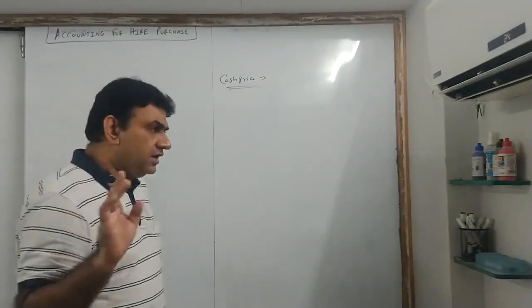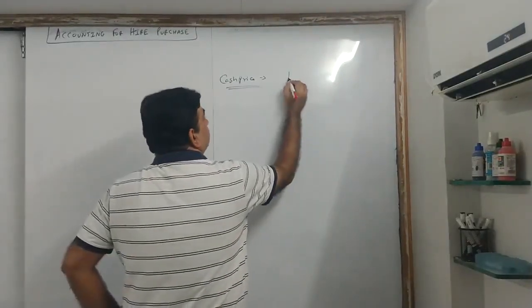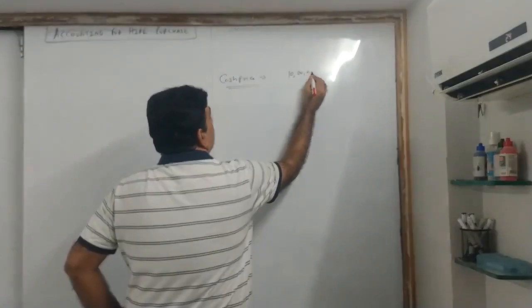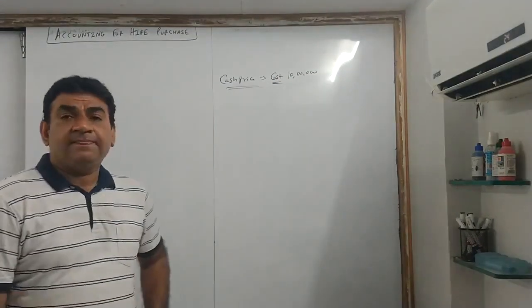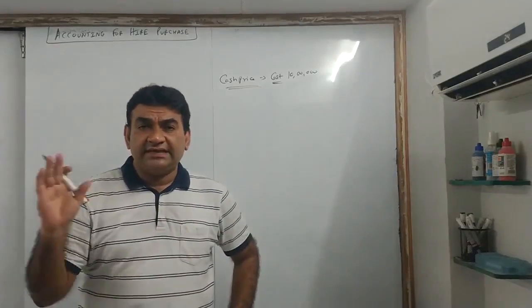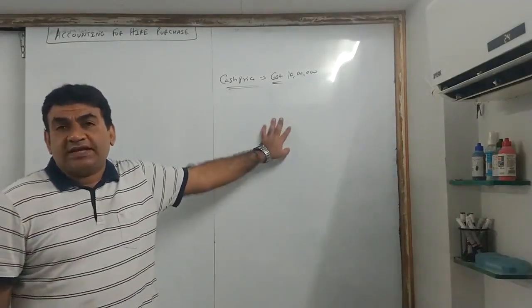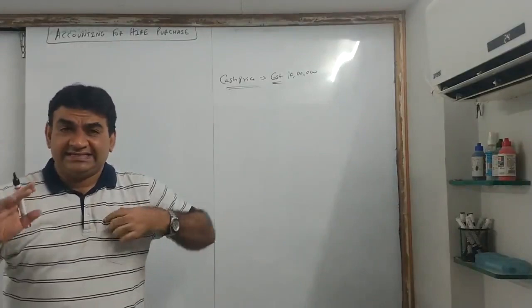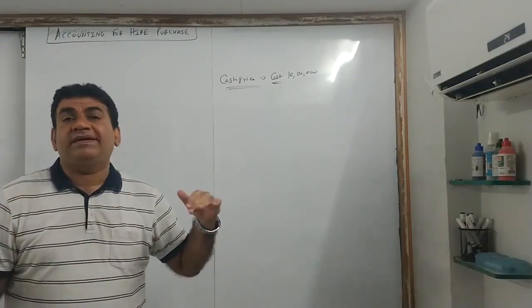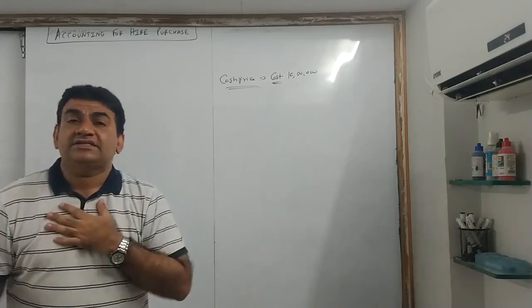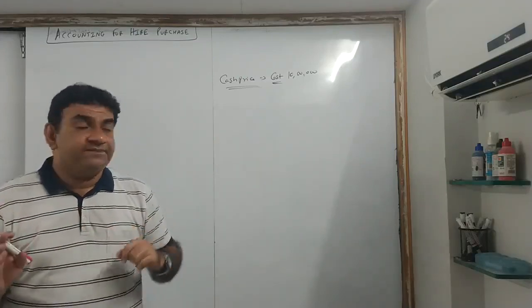Say for example, you are buying a car which costs 10 lakh rupees. Pay 10 lakhs, take the car. That is the cash price. It is the original price of the asset where if you make the full payment, you take the car. That is called cash price.